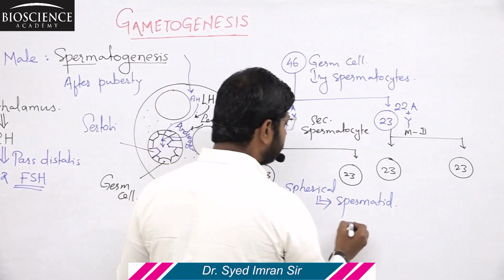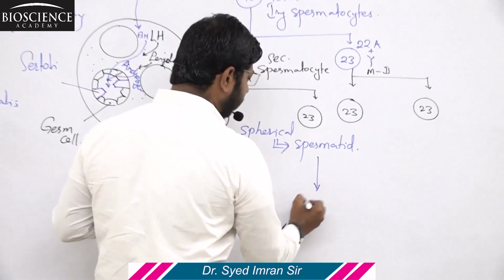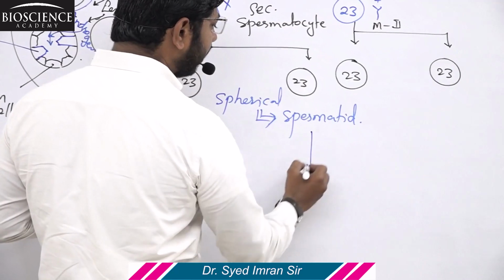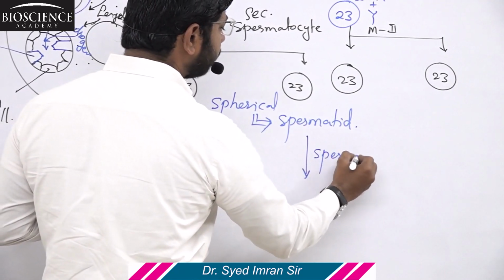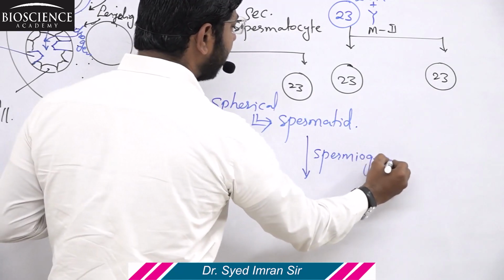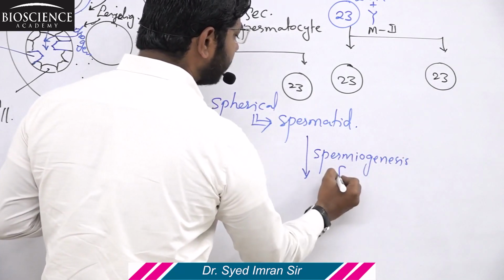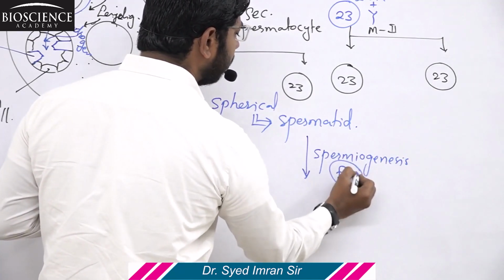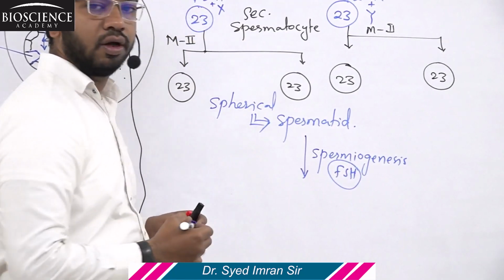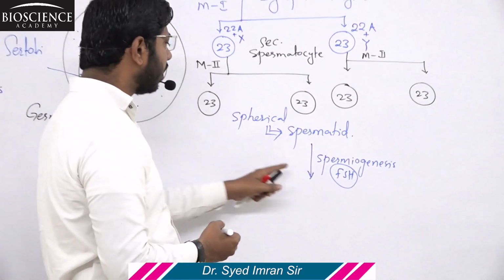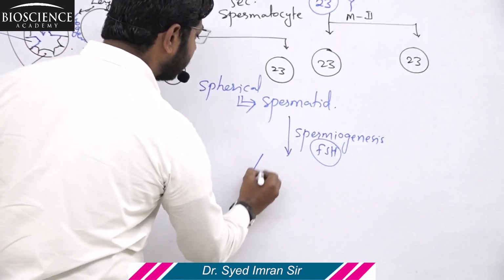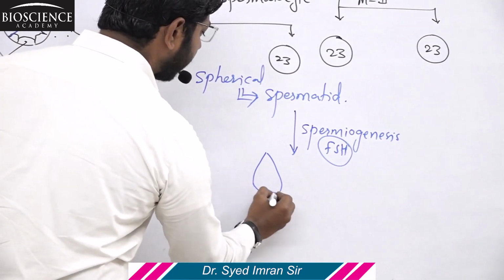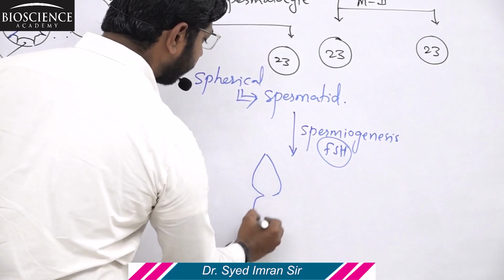The spermatid is spherical in shape. The spermatid undergoes maturation. The process of maturation is spermatogenesis. And spermatogenesis is performed by which hormone? Follicle stimulating hormone. As a result of spermiogenesis of each spermatid, the shape changes and the sperm looks like this.